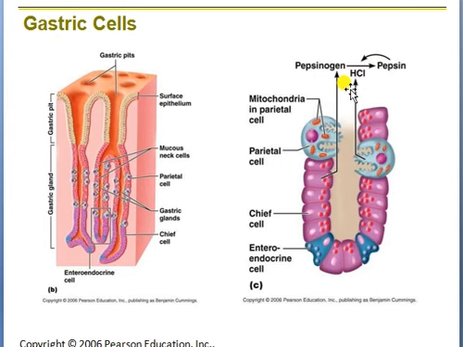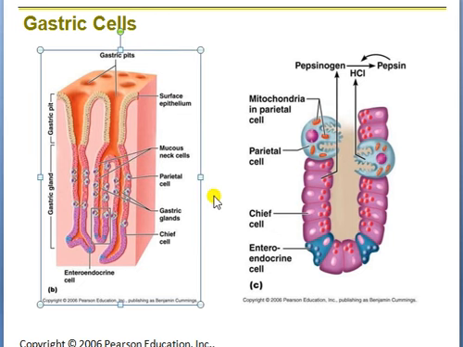When the HCl contacts pepsinogen, it is converted into pepsin. Pepsinogen is an inactive form. Now I think you understood. So this is how the cells work, and we can understand the difference between the general structure of the GI tract and the stomach.